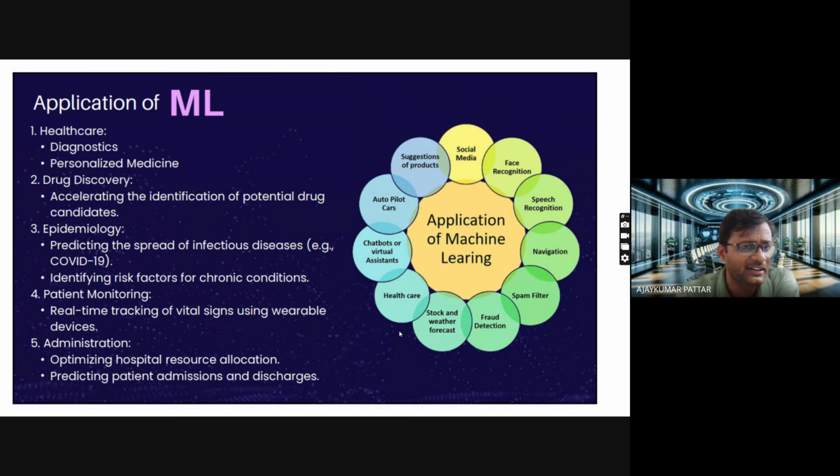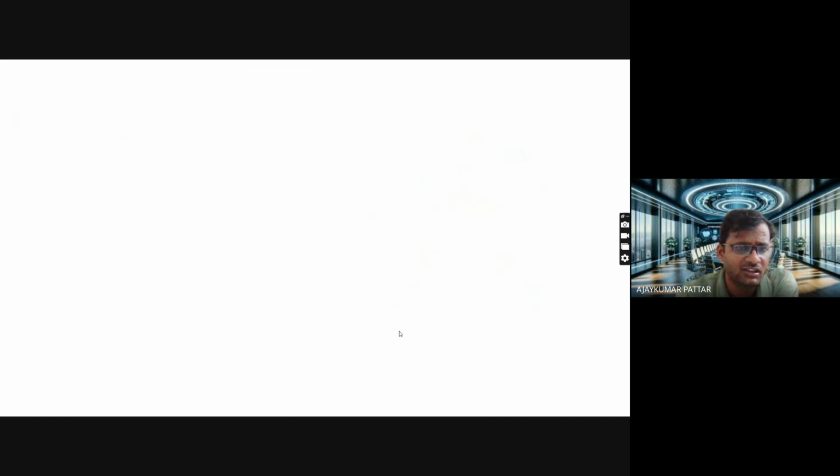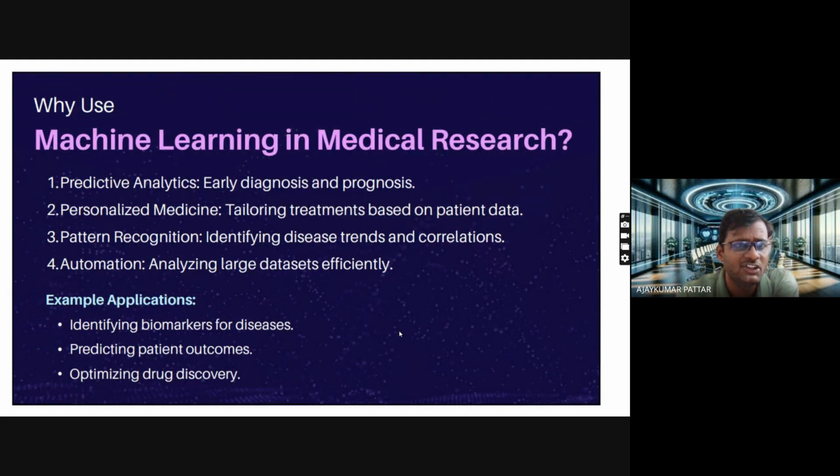As I have explained: diagnosis, personalized medicine, drug discovery, prediction, and other fields like administration in hospital management, predictive analysis, diagnosis and prognosis, pattern recognition, identifying biomarkers for diseases, predicting patient outcomes, and optimizing drug discovery.